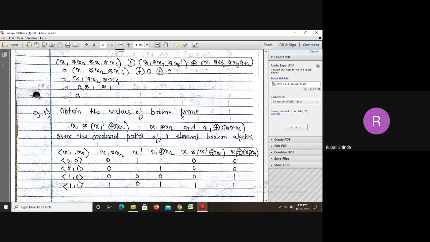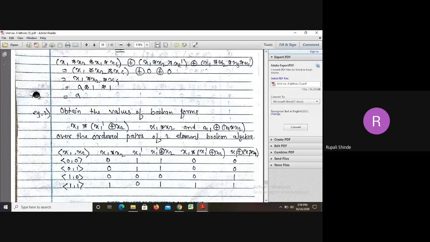Again, if 1, 1 is there, then only final value is 1. Otherwise, it is 0. So 0 into 1, its value is 0. So again 0 into 1, 0. 1 into 0, 0. Then 1 into 1, so its value is 1.